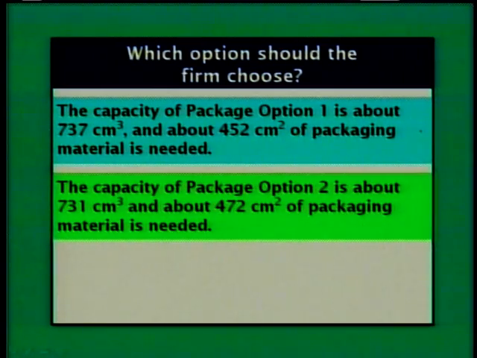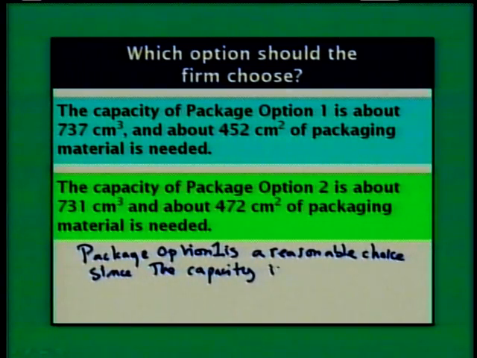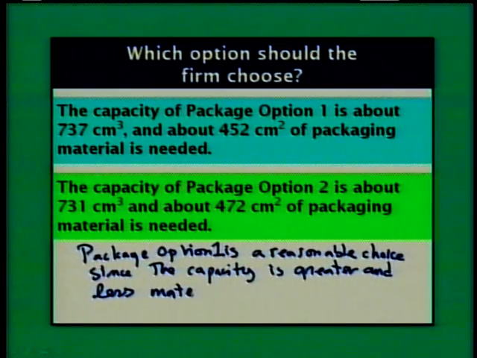So it seems like the reasonable choice would be package option 1. So package option 1 is a reasonable choice since the capacity is greater and less material is required.